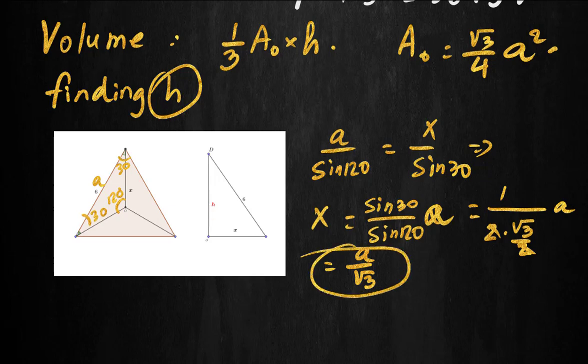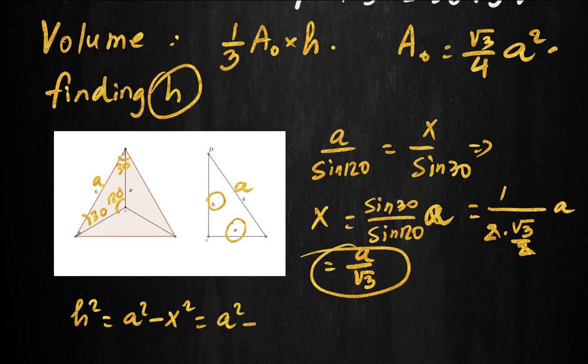So we have on the right side x now at the base, and we have our h, and we have a. So we have to find h. H is the height of this figure, this 3D. This is the one we want to find here, right? So h squared is equal to a squared minus x squared.